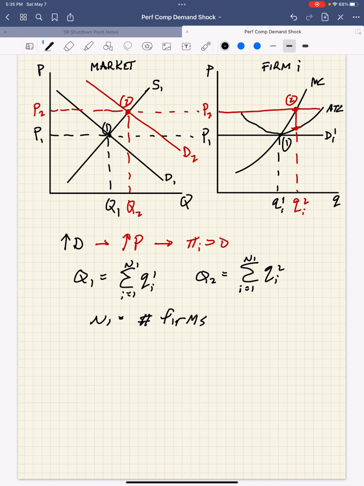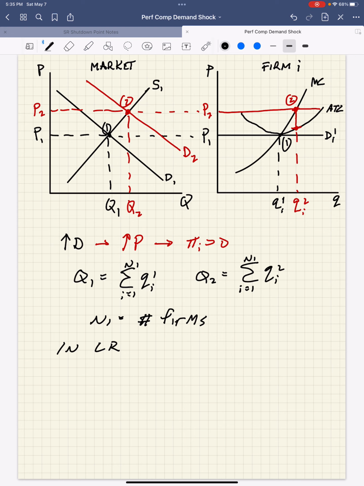Price has adjusted to the new demand, firms have adjusted to the new price, and we will sit there for a while, but not forever, right? Because in a perfectly competitive industry, profit acts as that magnet, right? So in the long run, that's going to bring new firms in, new competition is going to come in. And that's going to set things back into motion.